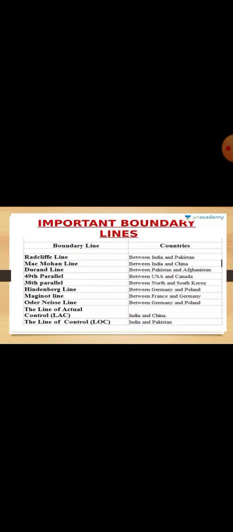Bhutan: West Bengal, Sikkim, Arunachal Pradesh and Assam. Myanmar: Arunachal Pradesh, Nagaland, Manipur and Mizoram. Nepal: Bihar, Uttarakhand, Uttar Pradesh, Sikkim and West Bengal. Pakistan: Jammu and Kashmir, Punjab, Rajasthan and Gujarat. So these are the bordering states that share the boundary with other countries.